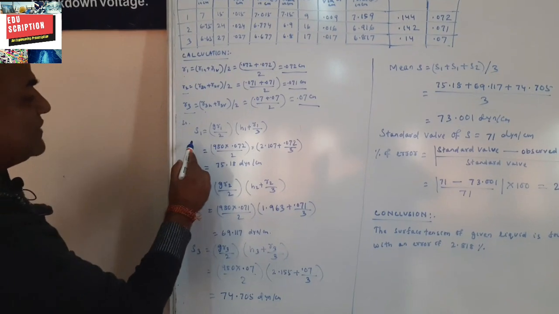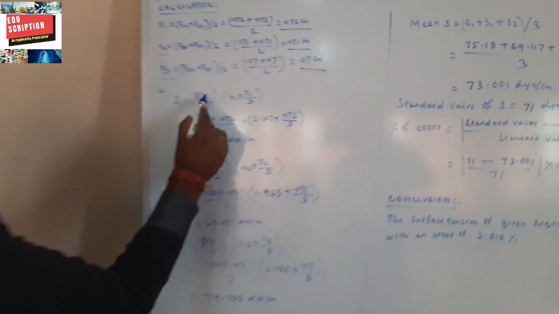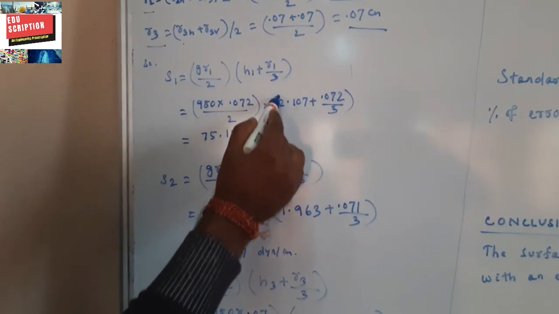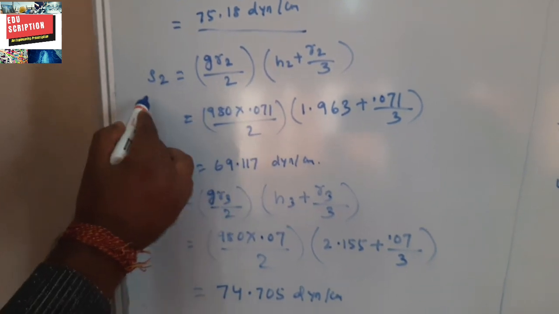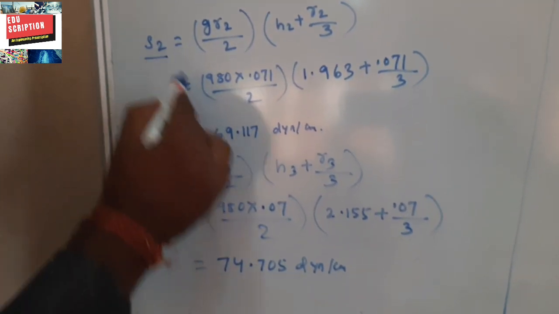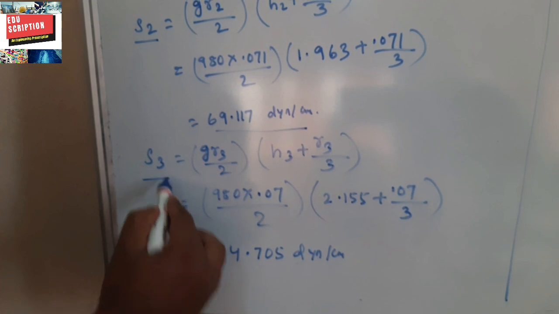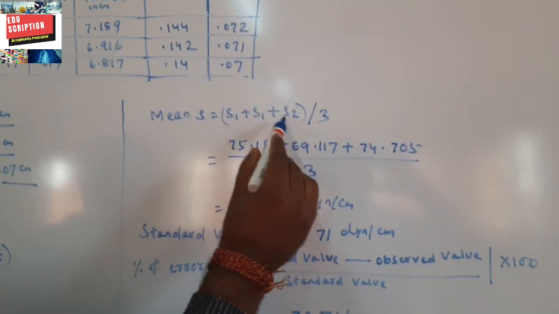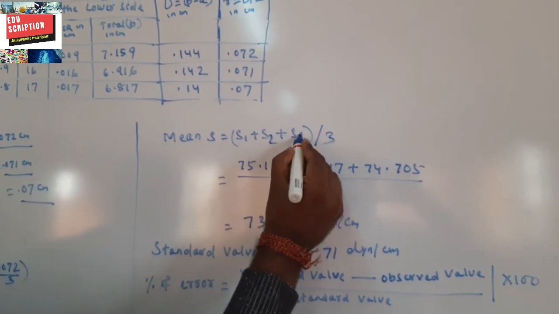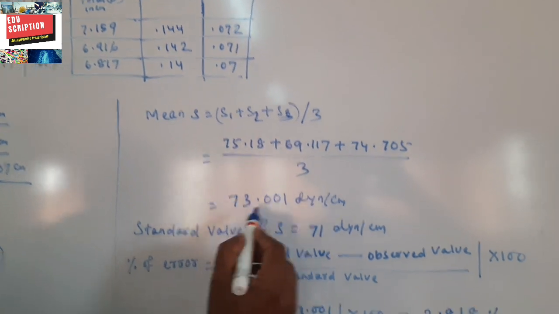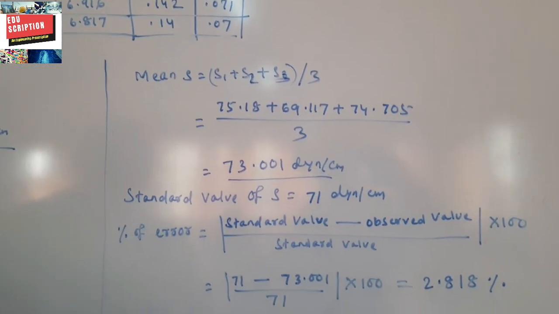Surface tension for the first capillary tube, S1, is gR1/2 × (h1 + R1/3), and this is the value. For capillary tube number 2, S2 is this value, and for S3 also this. And mean S is (S1 plus S2 plus S3) by 3, and this is the mean surface tension.